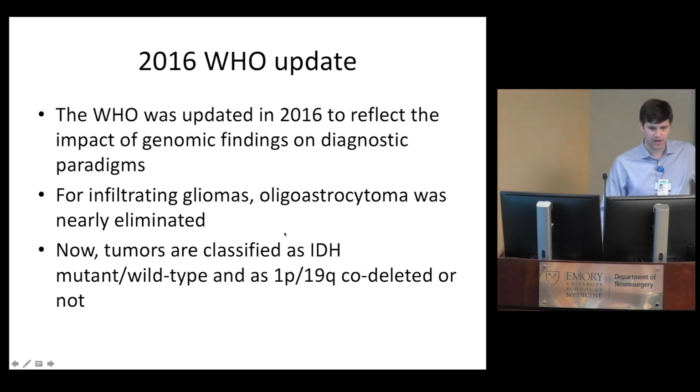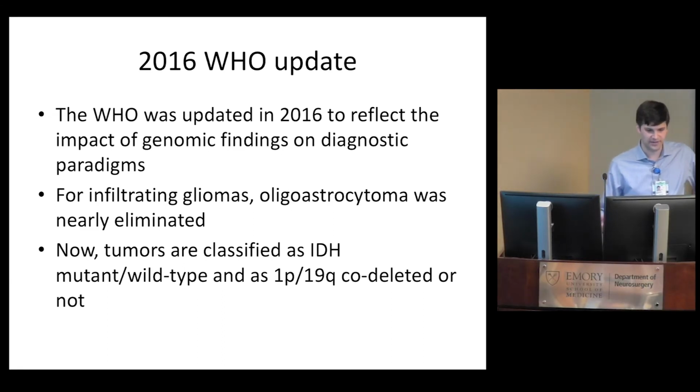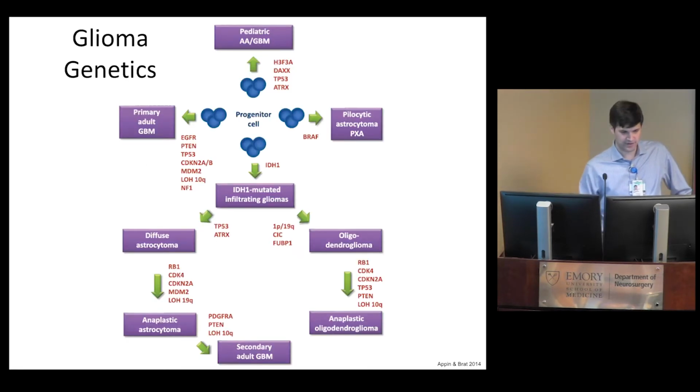All right, so just a couple of years ago, we updated the WHO to reflect the impact of these findings on our diagnostic paradigm. So fundamentally now, you'll notice that in this characterization, there isn't a separate line of oligoastrocytoma.